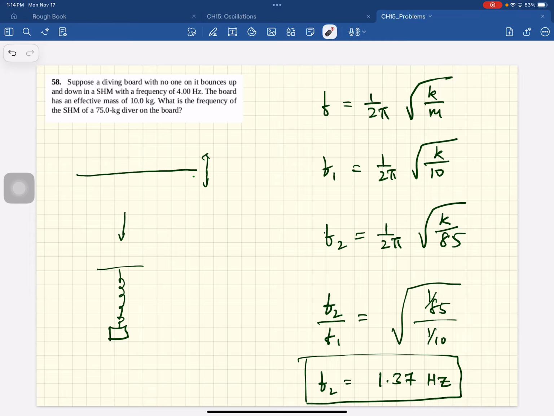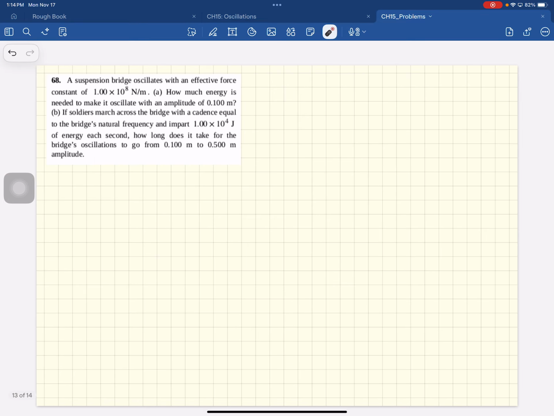This oscillation was modeled like a simple harmonic oscillator, giving you an effective spring constant and an effective mass. They're doing the same thing for the bridge. How much energy is needed to make it oscillate with an amplitude of 0.1 meters?